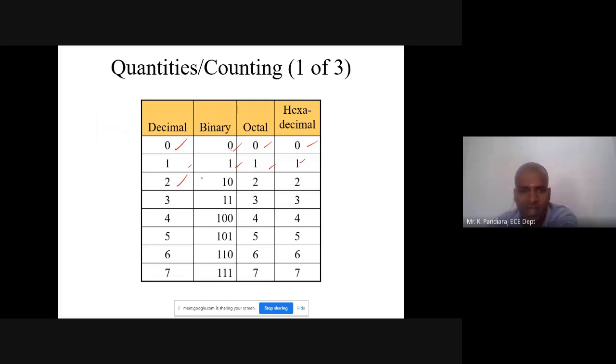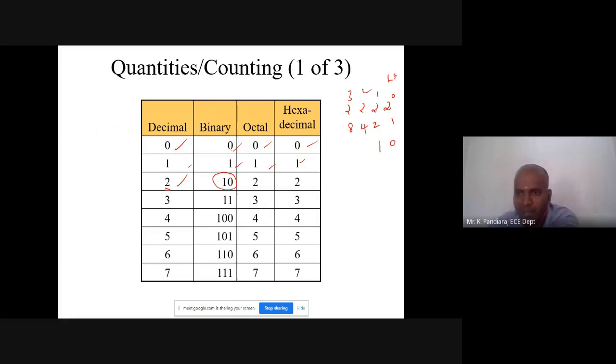Number 2 in decimal is represented in binary as 1, 0, because binary numbers have positional weights: 2 power 0, 2 power 1, 2 power 2, 2 power 3, which means 1, 2, 4, and 8. I want to represent number 2, which is in the second position, so in this place I put 1, and the other position is 0.